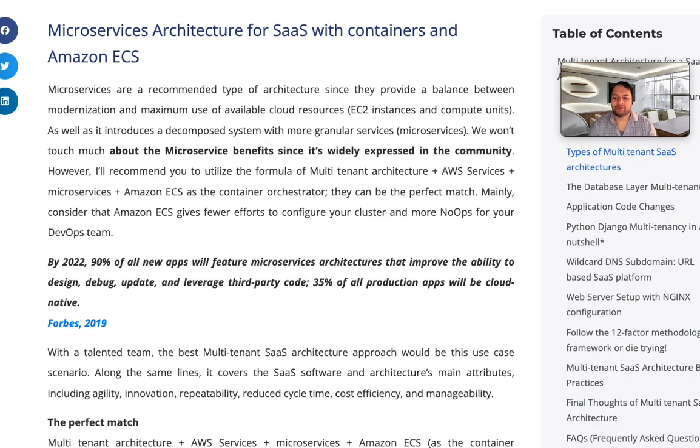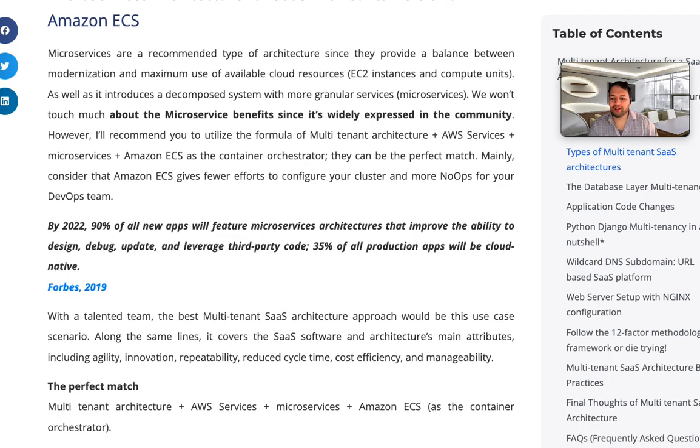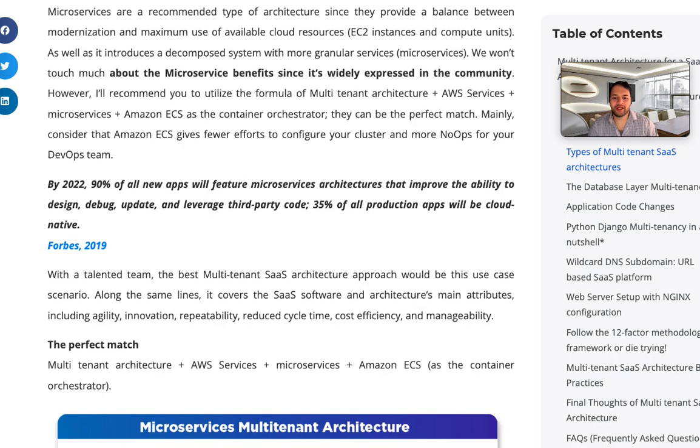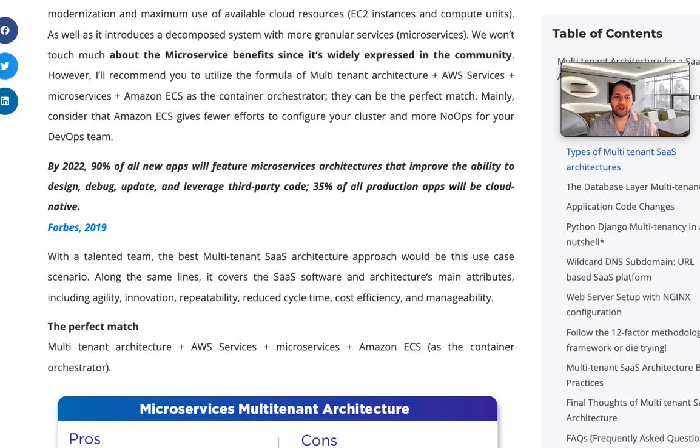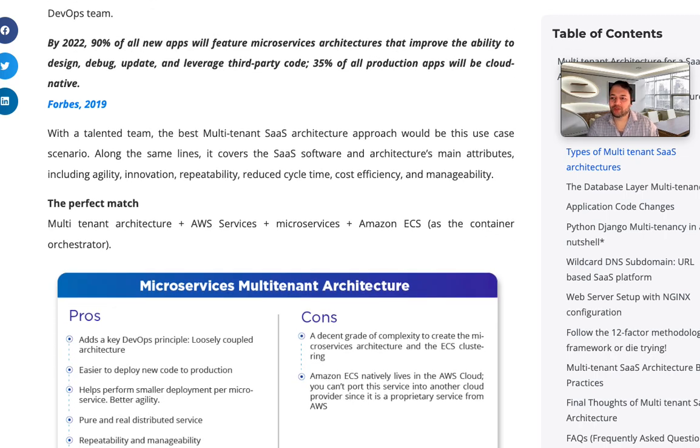Mainly consider that Amazon ECS takes less effort to configure your cluster and is more no-ops for your DevOps team. By 2022, 90% of all new apps will feature microservice architectures that improve the ability to design, debug, update, and leverage third-party code. And 35% of all production apps will be cloud native, according to Forbes in 2019. Okay, well, we're past 2022 at this point, so I don't know what the current stats are, but let's continue.